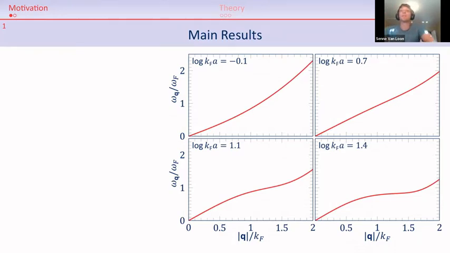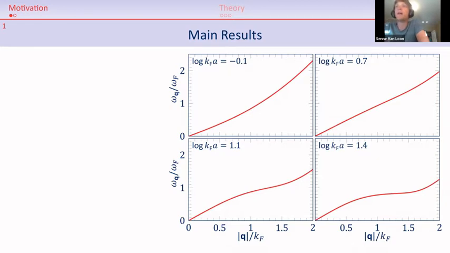So we're studying the collective mode in two-dimensional Fermi gases, and the main result can be captured in a figure. What I'm showing here is the energy dispersion of the collective modes in a two-dimensional Fermi gas, which we can numerically solve for, and it's the red line I show here. So it's the collective mode dispersion as a function of the wave number.